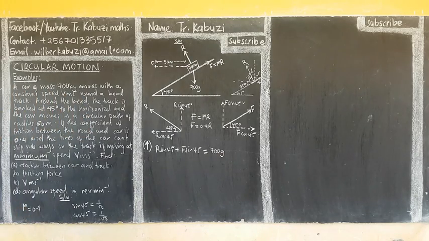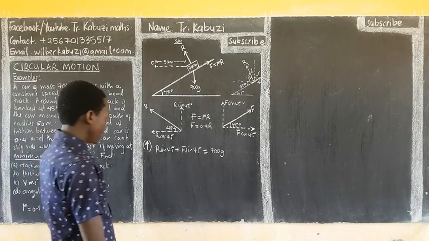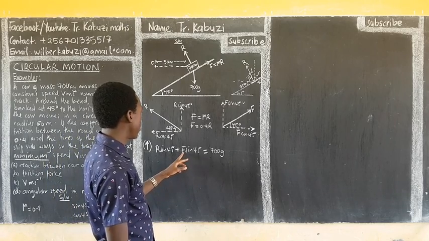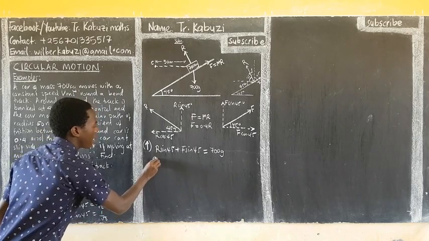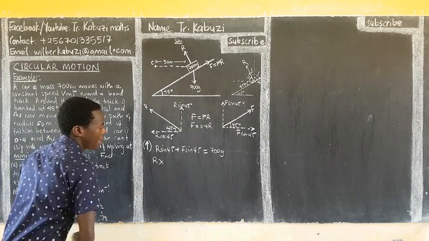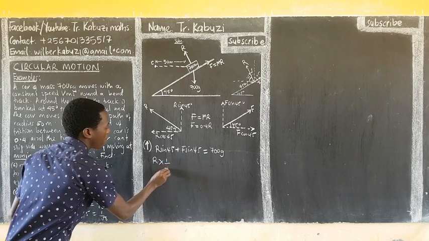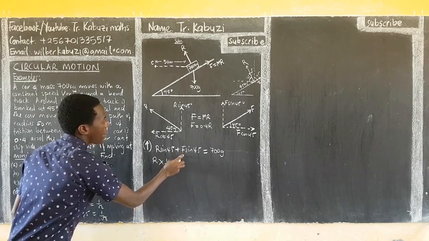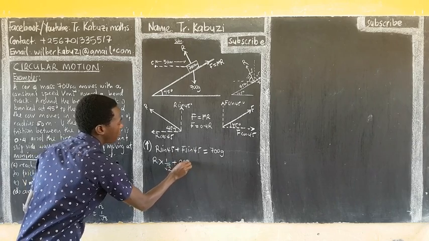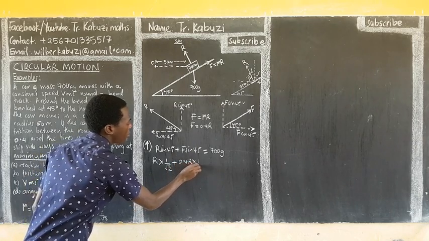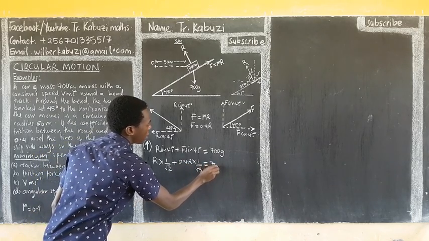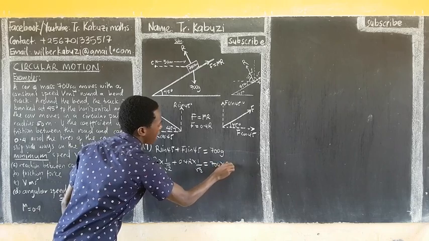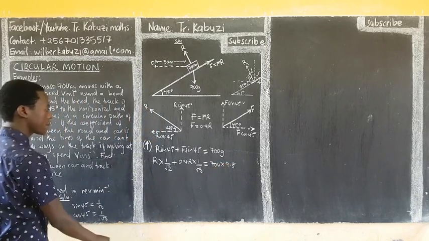As simple as that. Okay, so now we know what F is from there, and then we have R. So this is going to be R times sine 45, which is 1 over root 2, then plus our F, which is 0.4 R, times 1 over root 2, equaling to 700 times 9.8.